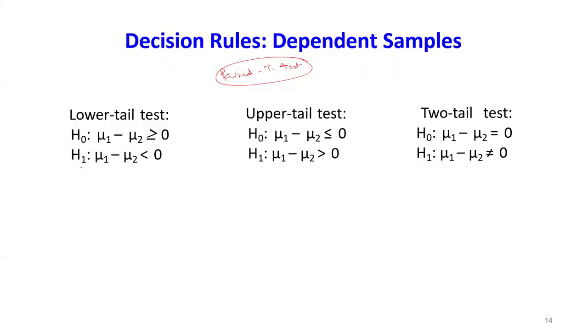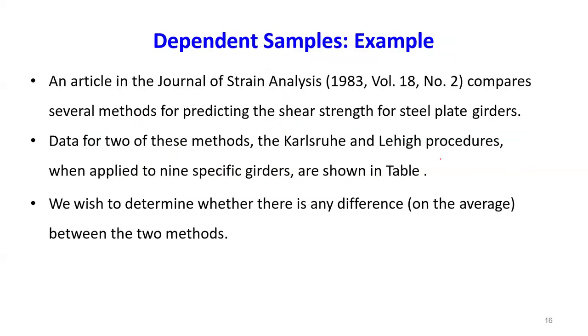Based on that, you can formulate the hypothesis. In all these tests, there are only three possibilities of hypothesis: either a lower tail, or an upper tail, or a two tail. So let's look at this example.